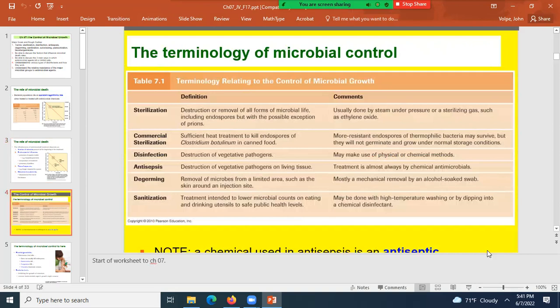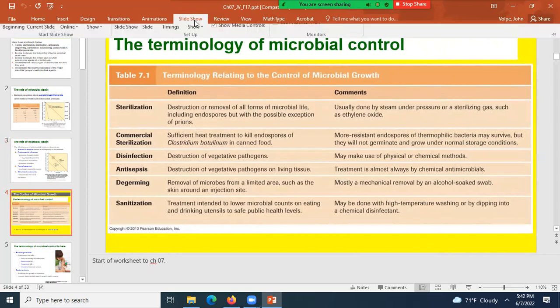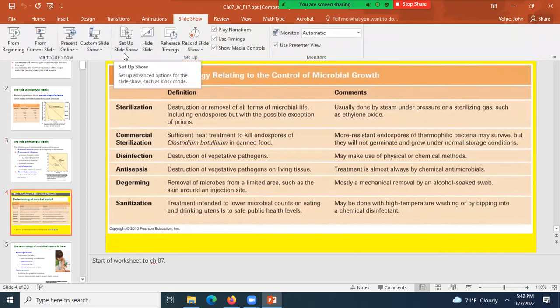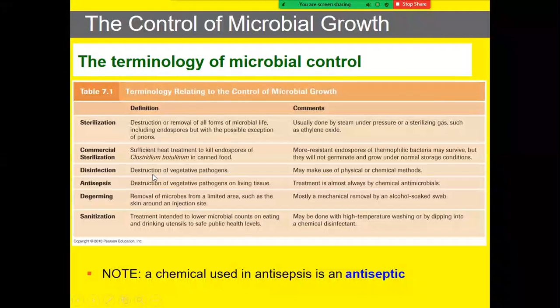All right, so this slide is showing you the different terms and what they mean. Sterilization: the destruction or removal of all forms of microbial life, including endospores, but not including prions. Prions are very difficult to kill. I should have mentioned that previously when I was talking about prions.